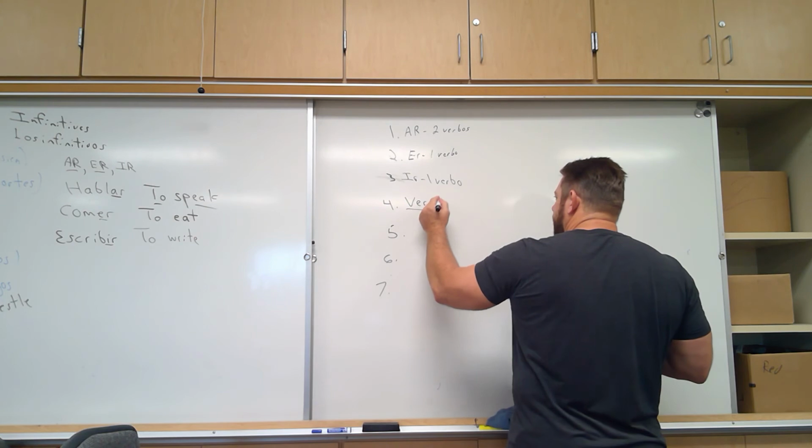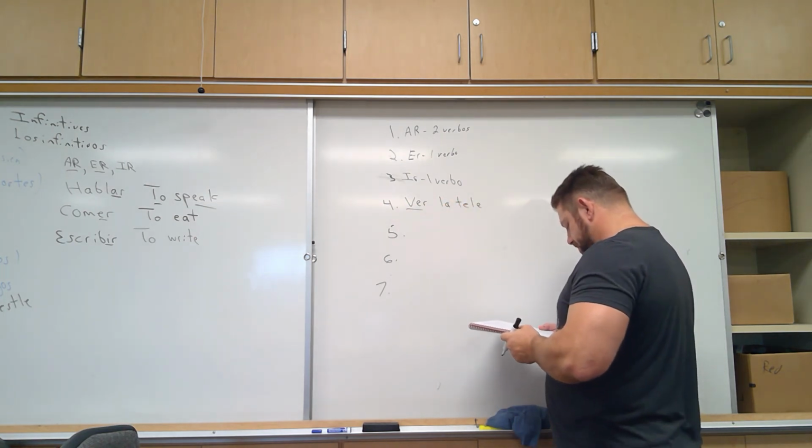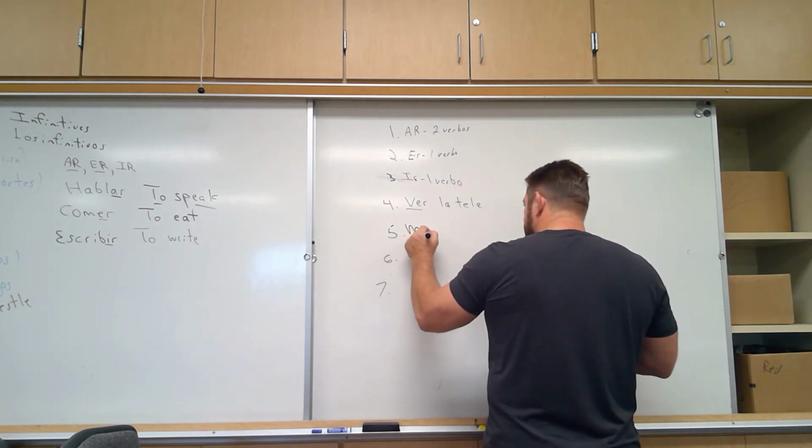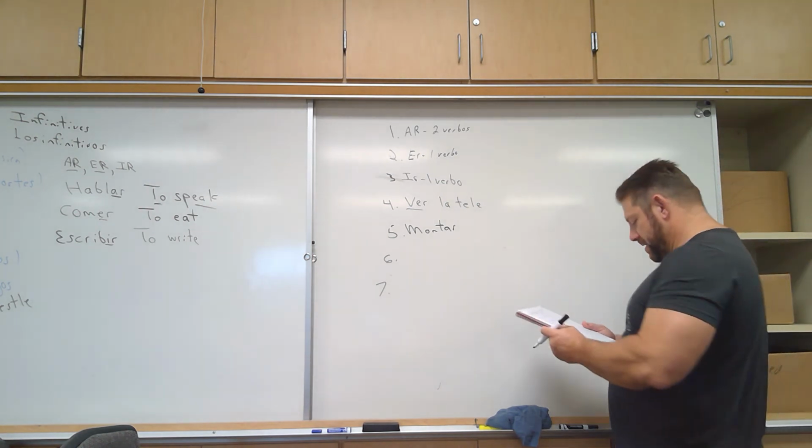Here's the verb, and then I've added a noun. Some of these are in the book. If you look in chapter 1A in the back, the new vocab, it's in there.